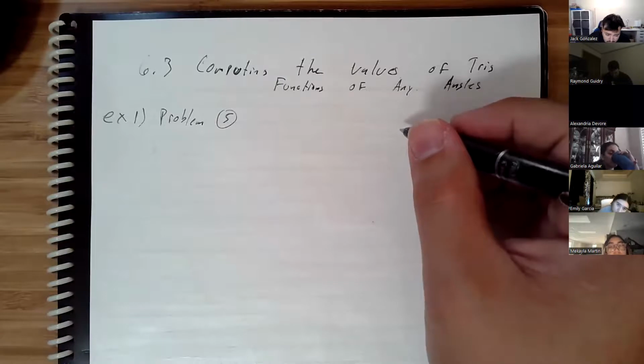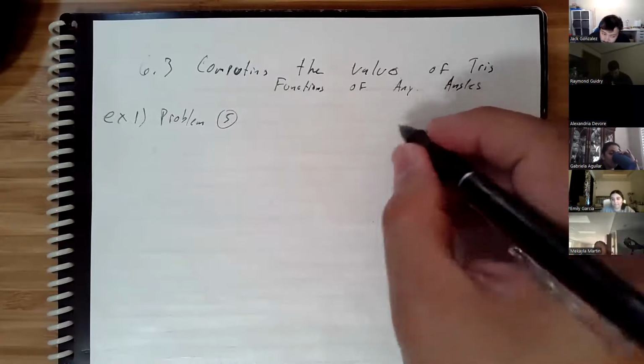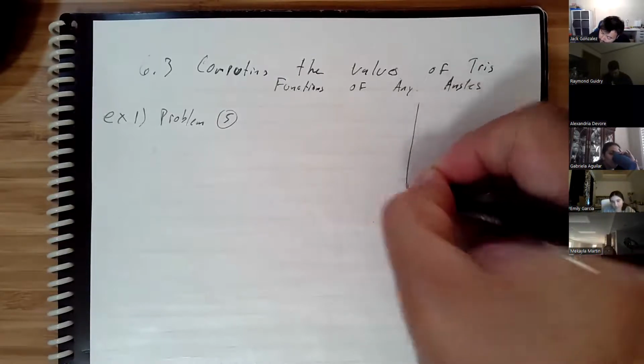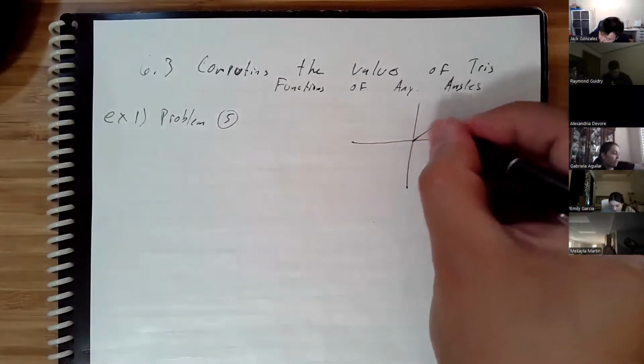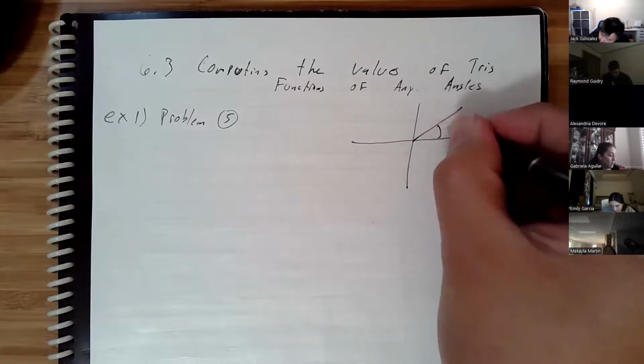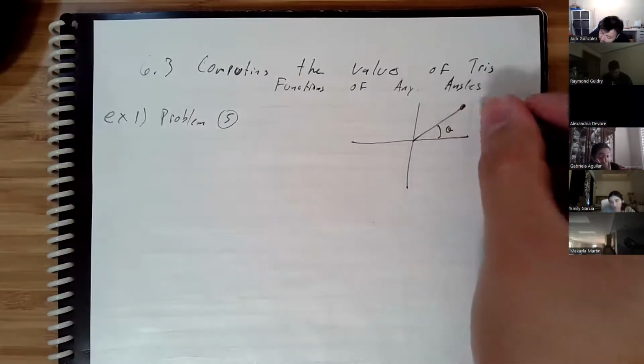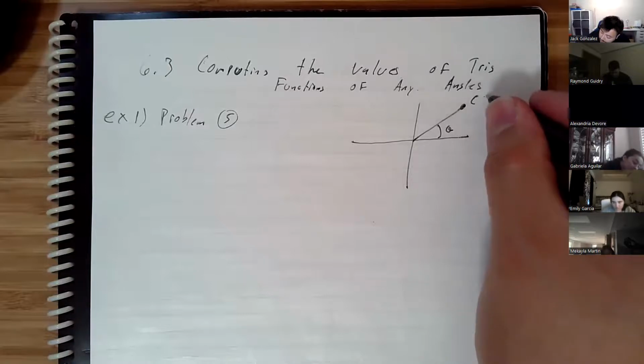Because we have the distance from the origin. Give me some point like that. And they say that this point is 3, 1.